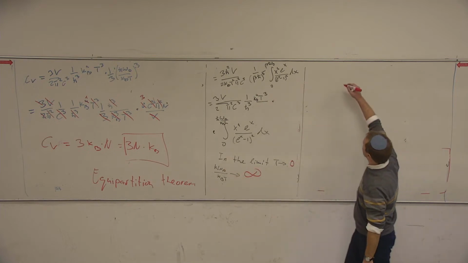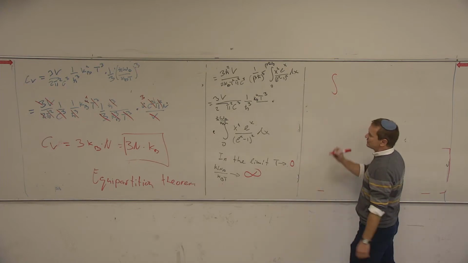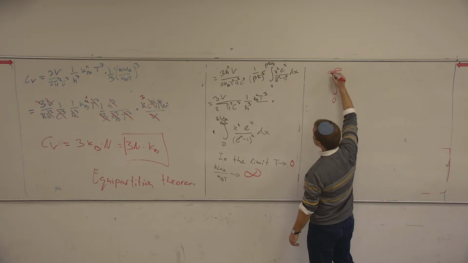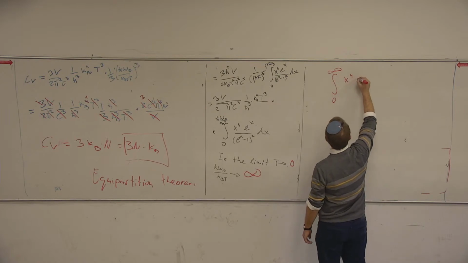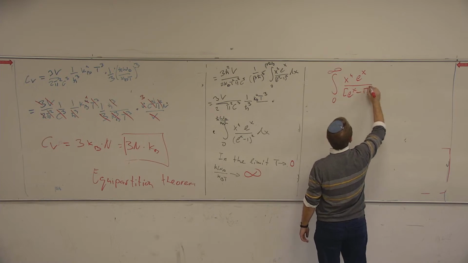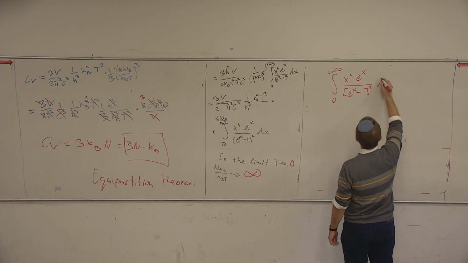So the only thing that I'm going to do is to write this down as an integral from 0 to infinity of x to the fourth e to the x divided by (e to the x minus 1) squared dx.